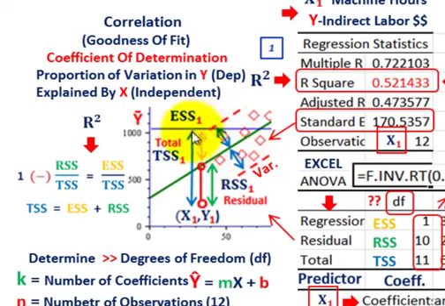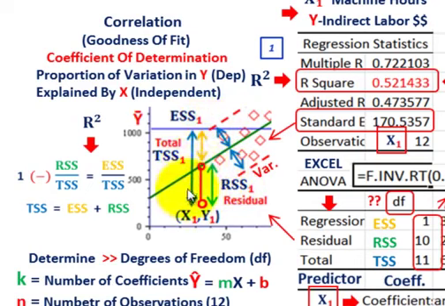But the other items that are really critical to understand are the total sums of squares, TSS here, and that's really the difference between each of those Y values and the average mean Y value. That squared distance for each of them is all summed up here. And then we have the residual sums of squares.